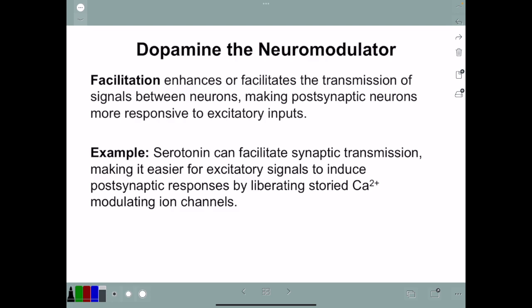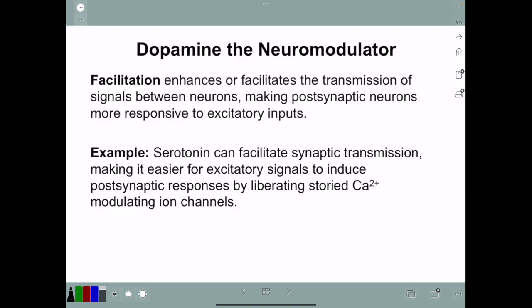We're going to talk about facilitation. This enhances or facilitates the transmission of signals between neurons, making the postsynaptic neurons more responsive to excitatory inputs. And in this example, we're going to take a look at serotonin and how it can facilitate synaptic transmission, making it easier for excitatory signals to induce a postsynaptic response by liberating stored calcium, which in turn will modulate ion channels.